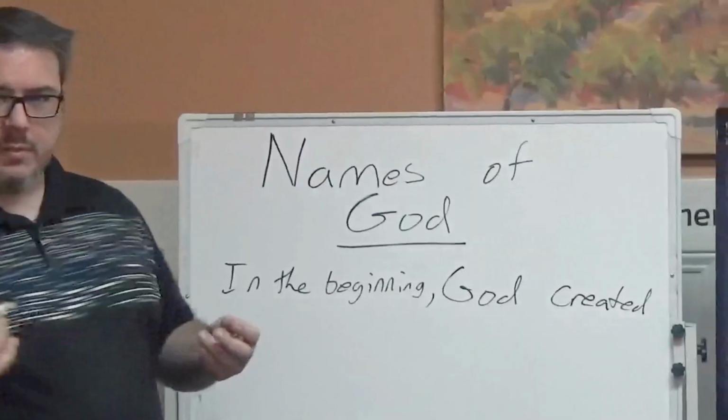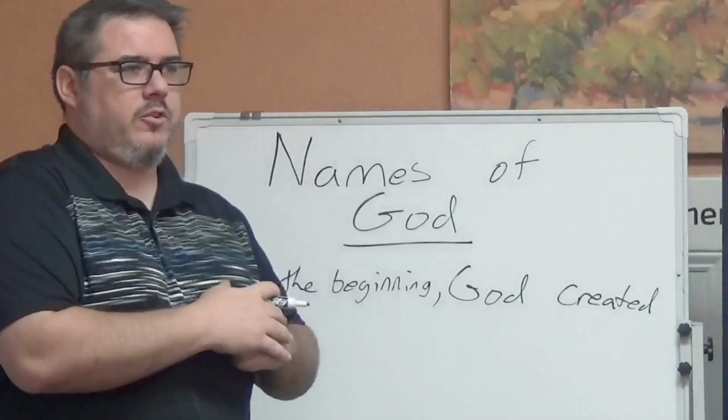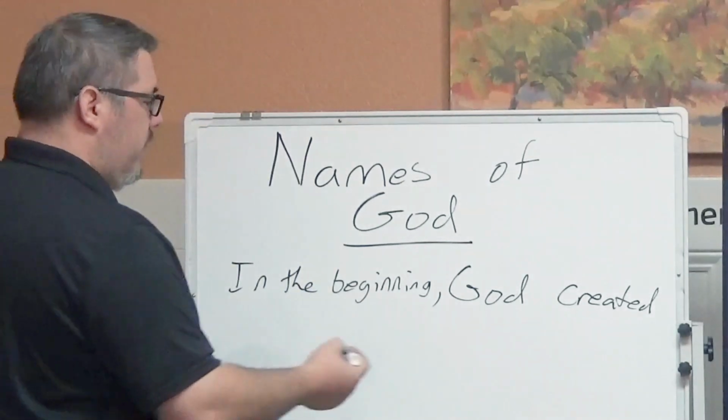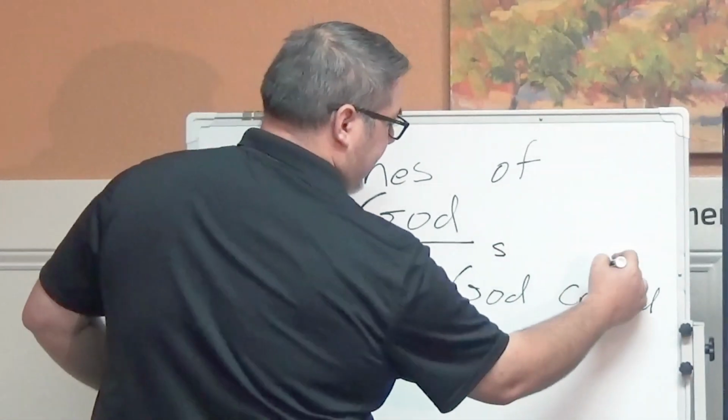And this is pretty typical of almost every way that we use nouns and verbs in English. We always start with the subject and go to the verb.